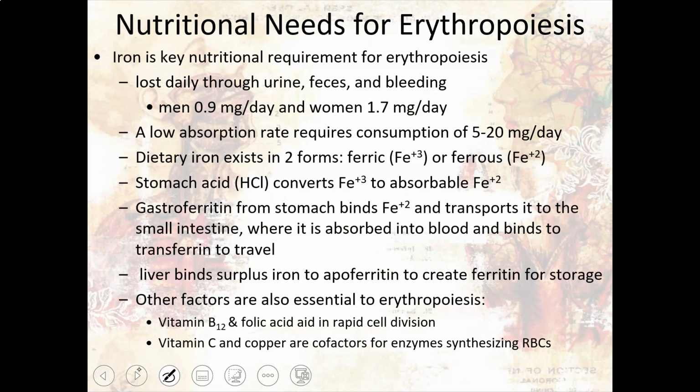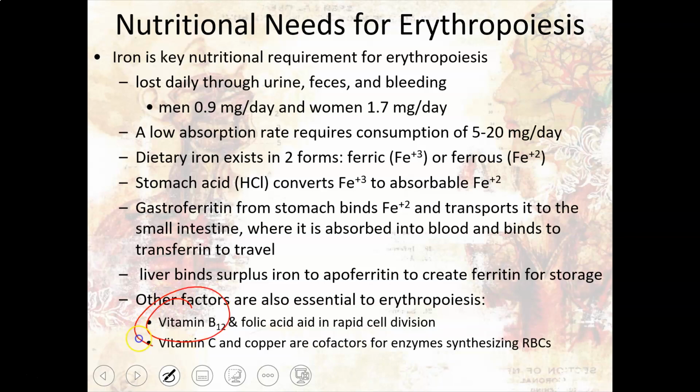The vitamins, B vitamins, B12, B6, I think is folic acid. I can't remember what number folic acid is, but B12 and folic acid are involved in cell replication of red blood cells in that erythropoiesis. There are enzymes involved, and vitamin C and copper are cofactors in some of those enzymes. So there's lots of nutritional requirements here.